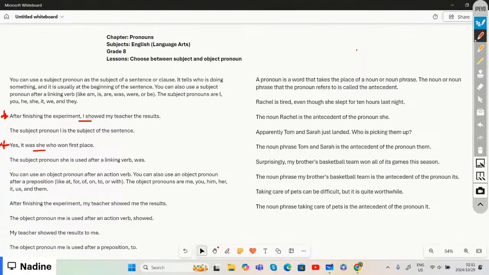Remember, we said that some of our subject pronouns come after a linking verb. So there we have an example of a sentence where the subject comes after our linking verb.